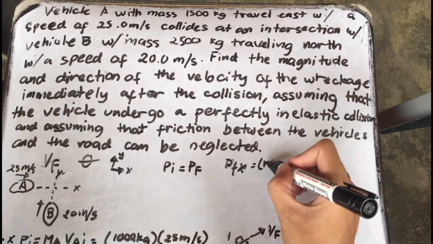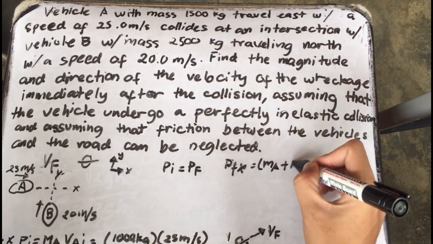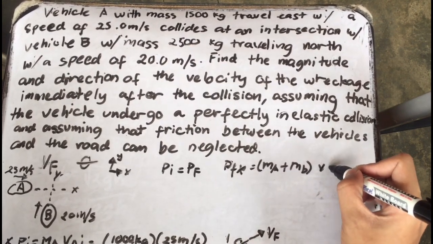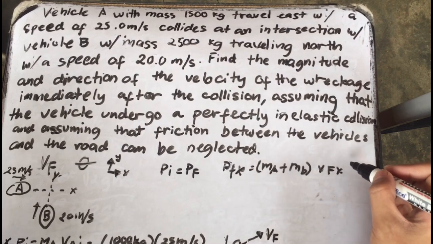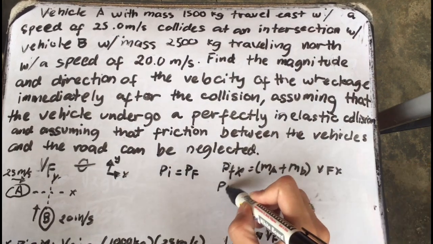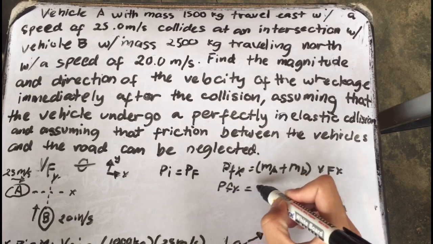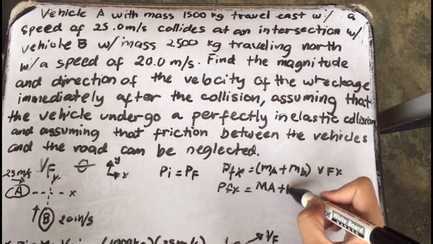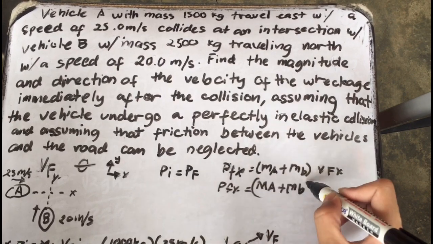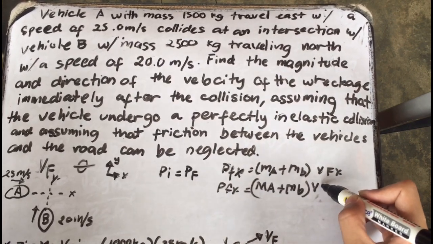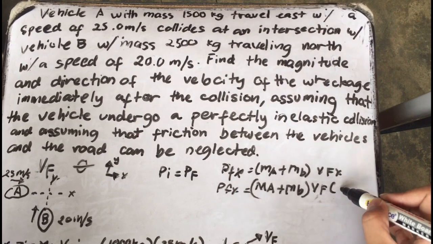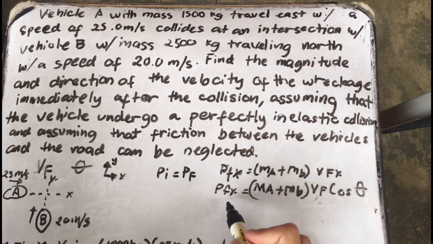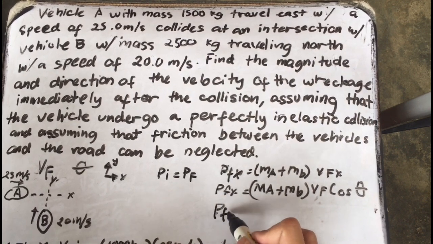P final x is equal to mass A plus mass B times V sub F x. So, yun. Equal yan sa mass A plus mass B, V sub final, yung ating cosine theta. Kasi yung theta, yung ating angle.